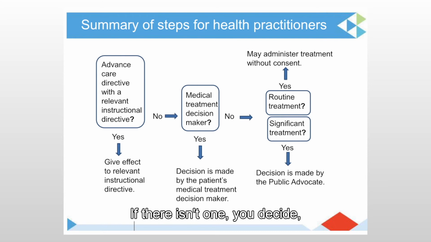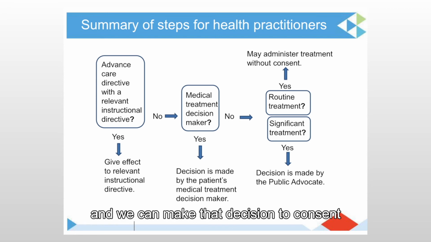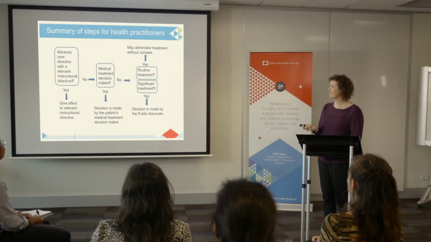If there isn't one, you decide, is the treatment significant or routine? If it's routine, you go away and administer that treatment without consent. If it's significant, you come directly to our office and we can make that decision to consent or refuse to the medical treatment.